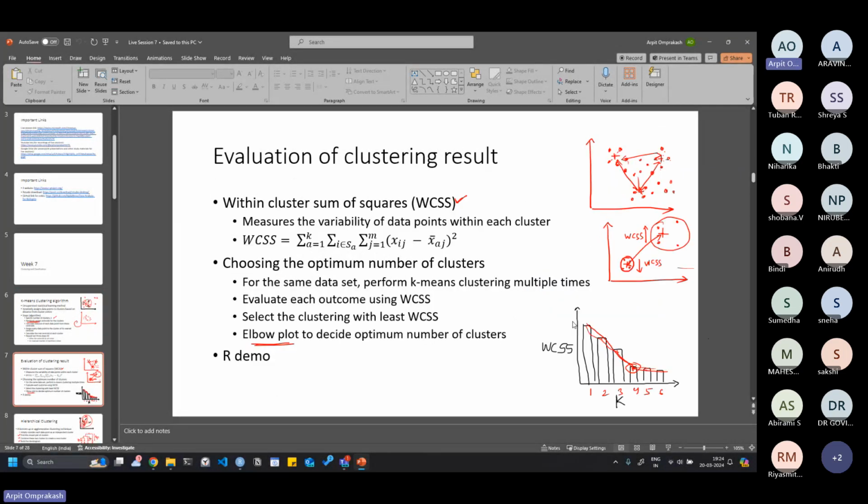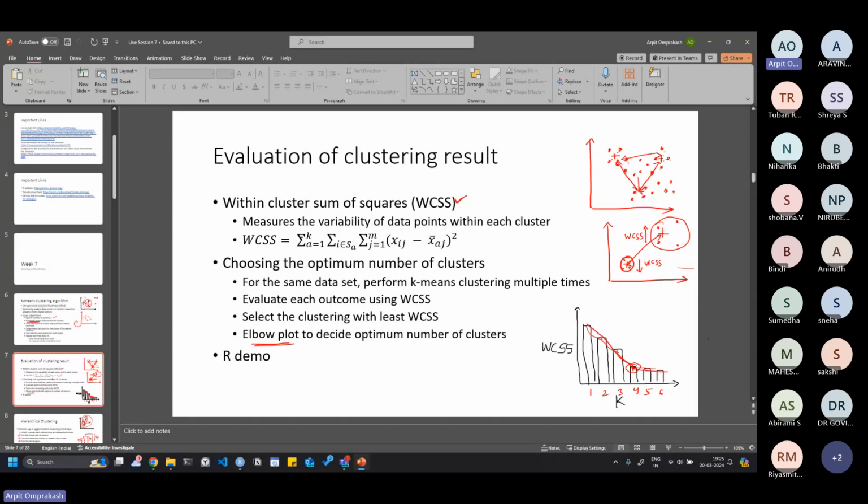To evaluate the result of k-means clustering, we can use something called within cluster sum of squares. It basically measures the variability of data points within each cluster. So if we are saying some kind of clustering is better than another, then one possible reason might be that the cluster is tight, so all the points in the cluster are close to each other.